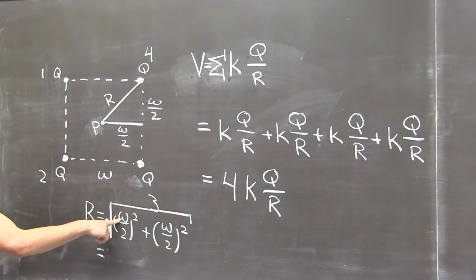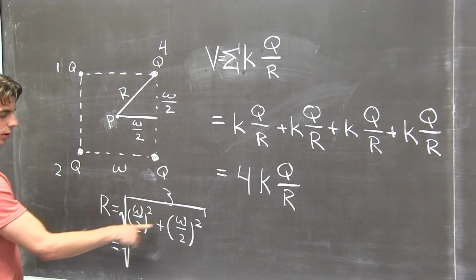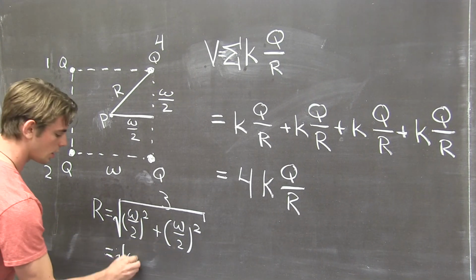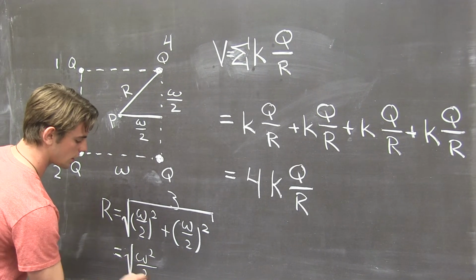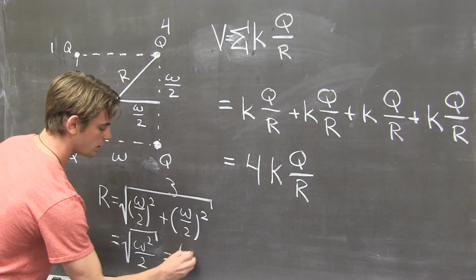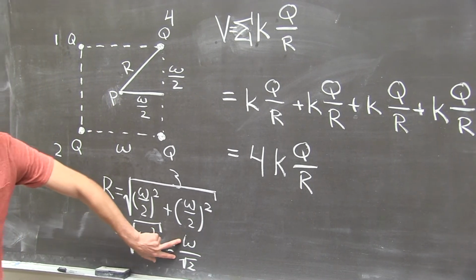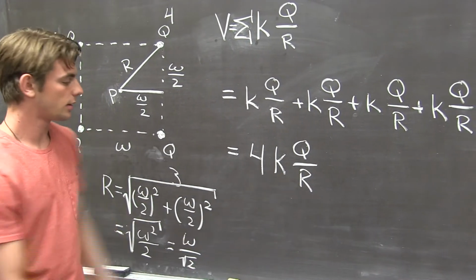Continuing, we can find that this is going to be the square root of W squared over 4 plus W squared over 4, which is W squared over 2, or more simply, W divided by the square root of 2.